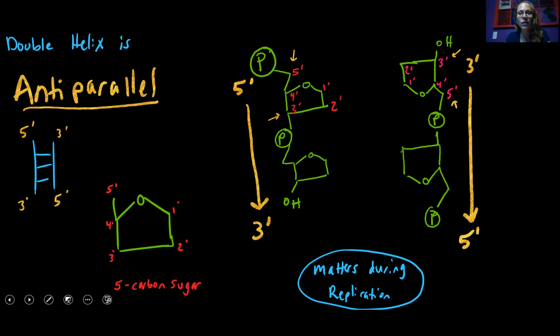Notice then that the phosphate group is attached to the 5' end, and the hydroxyl group is attached to the 3' end there. So we will see in the 5' to 3' direction that the phosphate group is pointing up and the hydroxyl group is pointing down, and we see the opposite of that on the other side. This is going to matter when we talk about DNA replication, so we'll come back to this idea in the future.